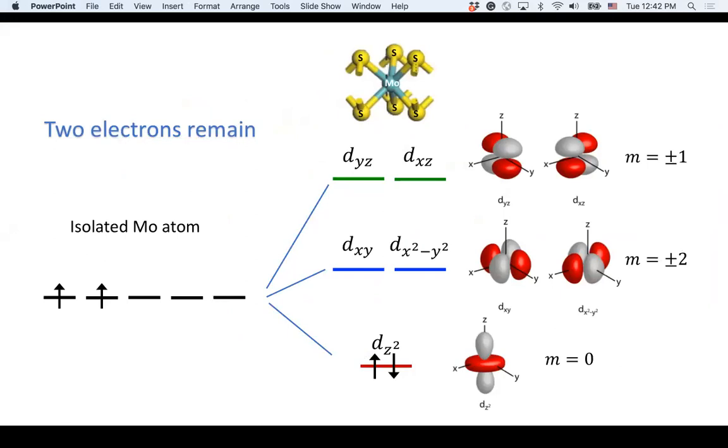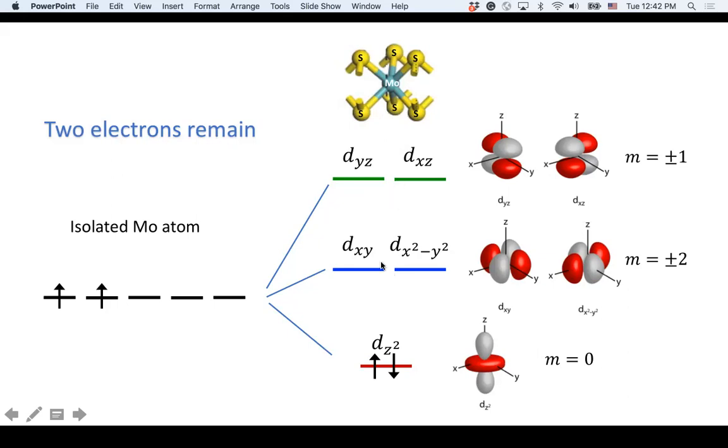Once you put the Mo atom in the trigonal prism surrounded by 6 S atoms, the sulfur atoms are going to form a bond. That effect is large. Chemical bonds are large. Not just the bond, it's also a lot of crystal field all combined together. They will lift the degeneracy of the D state into 3 levels.